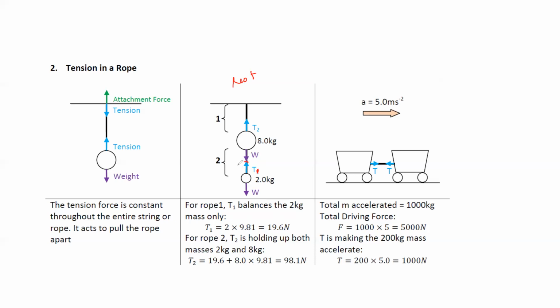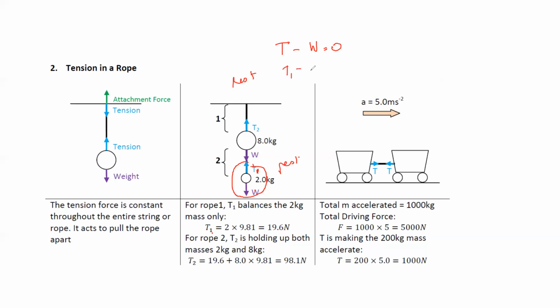In this case, when we consider only this part, the weight is acting downward and T1 is acting upward. So we can say that T1 minus the weight is equal to 0 because it is at rest. So the resultant will be 0.